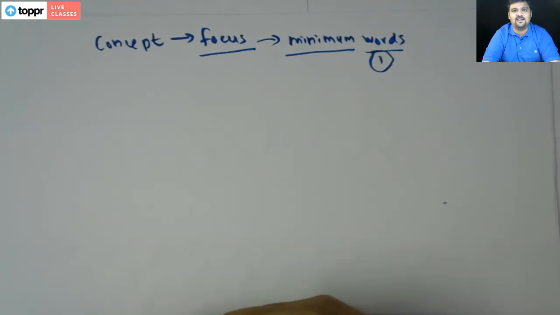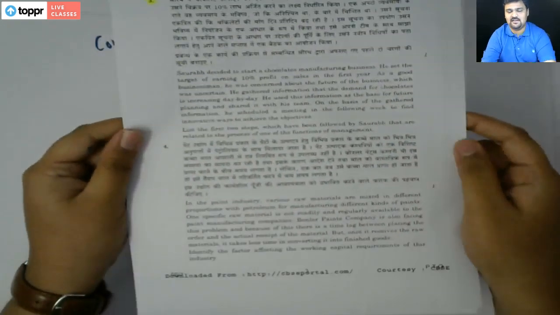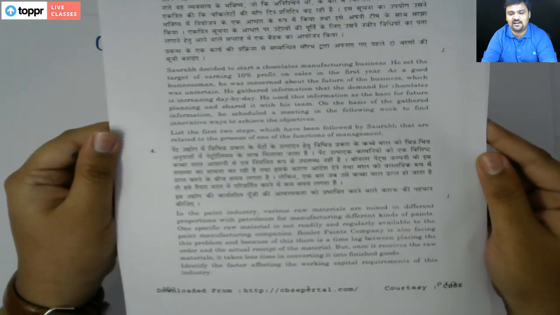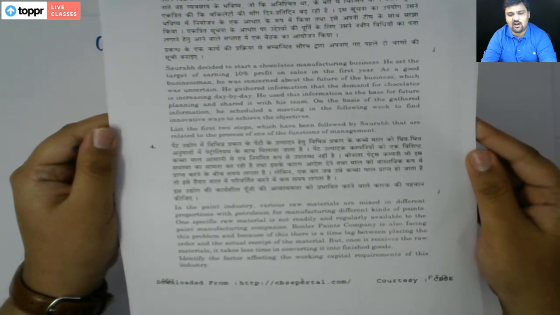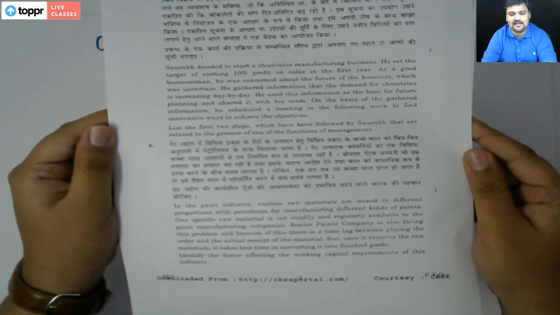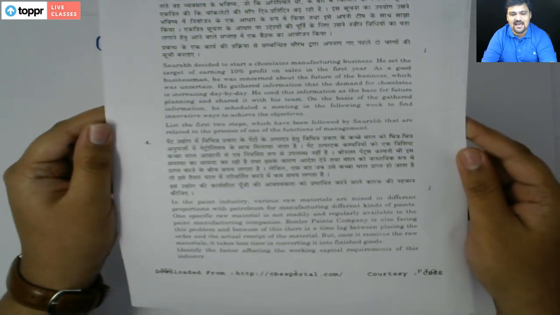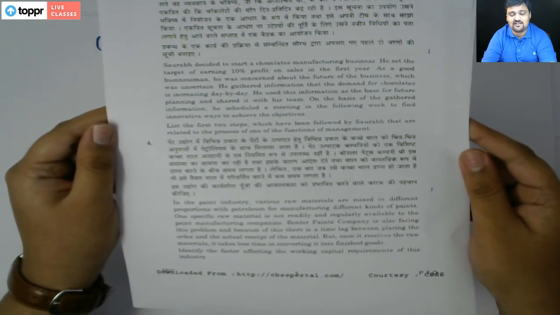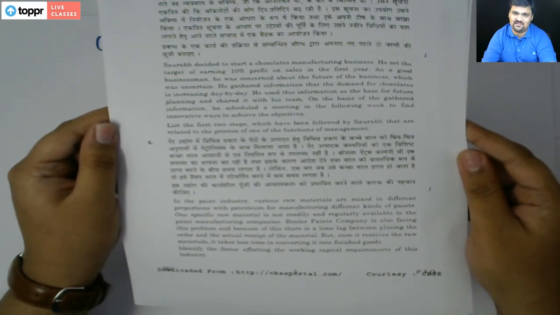Now I will go ahead and take another example. I have a case study in front of me. I will read it out for you. Saurabh decided to start a chocolate manufacturing business. He set the target of earning 10% profit on sales in the first year. As a good businessman, he was concerned about the future of the business, which was uncertain.